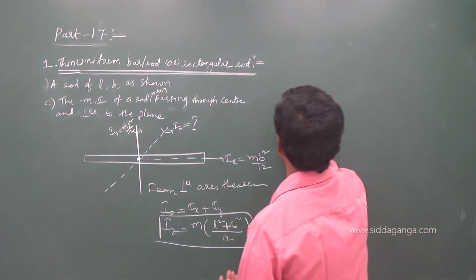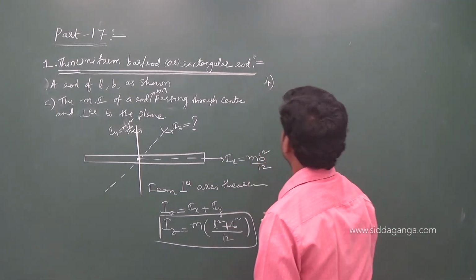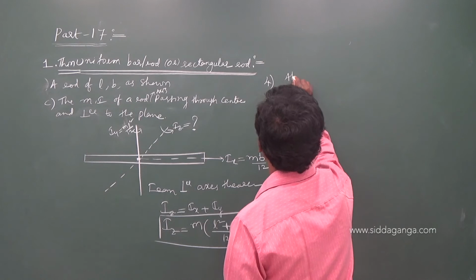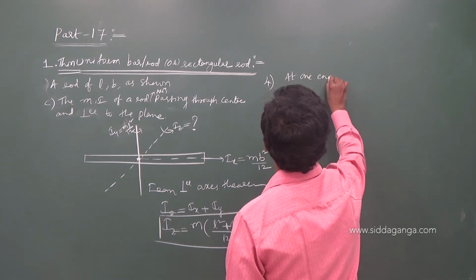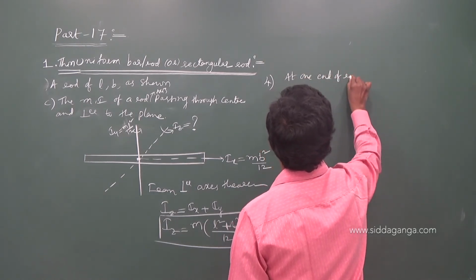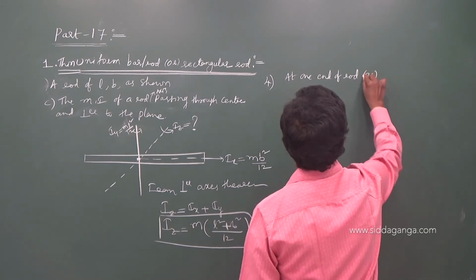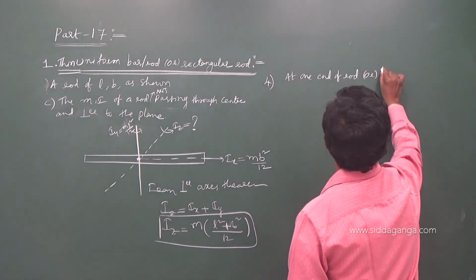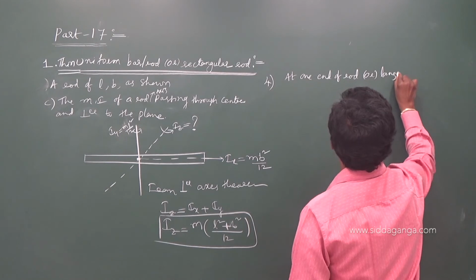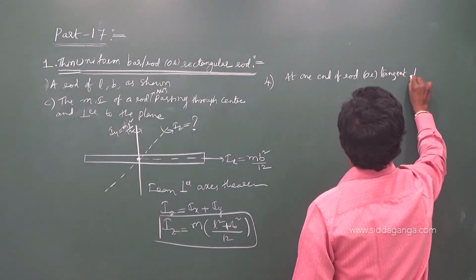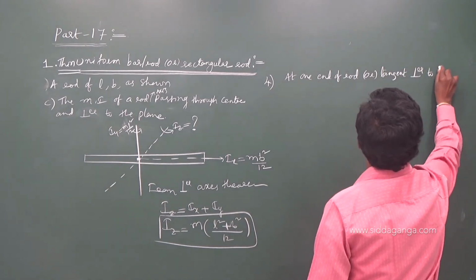Let me write the fourth formula. At one end of the rod. Otherwise we can write tangent. Tangent perpendicular to the length.